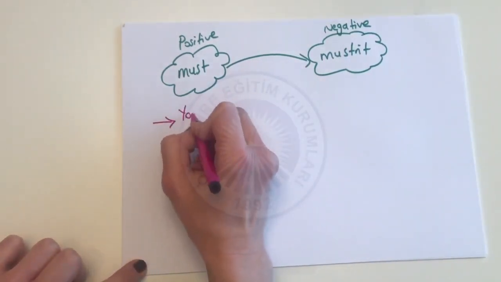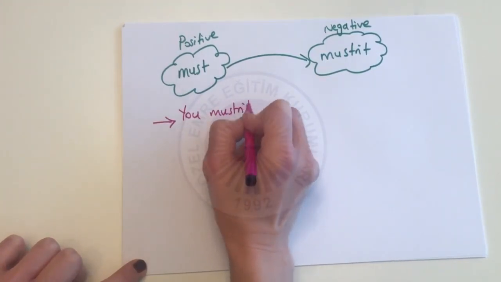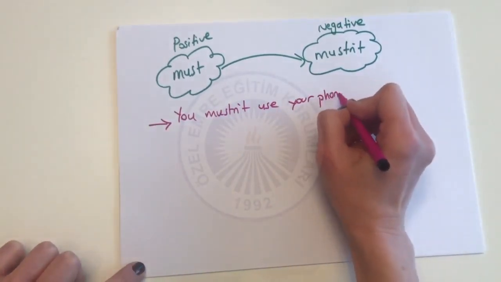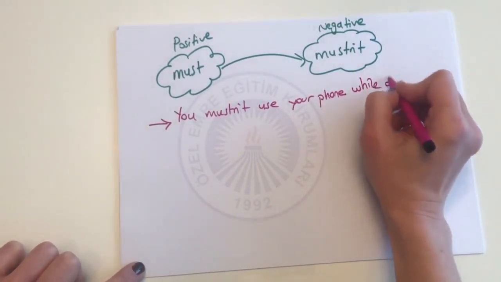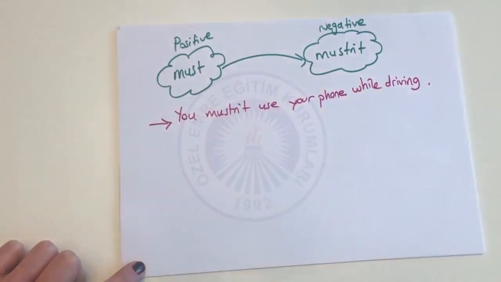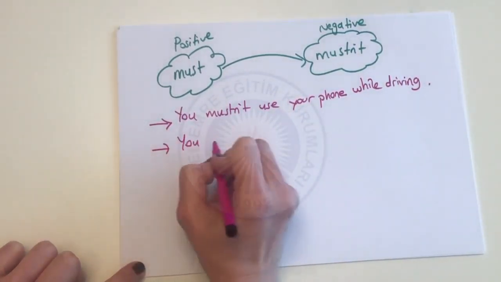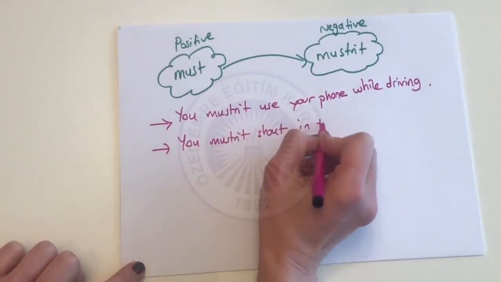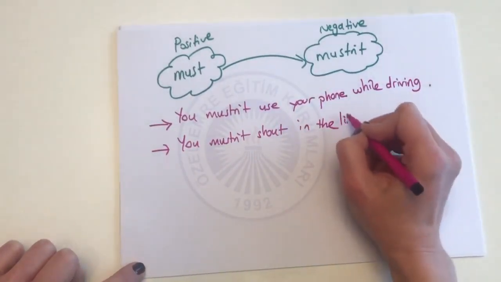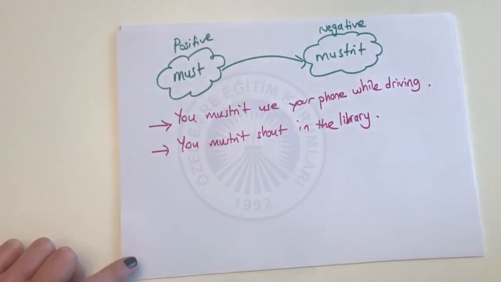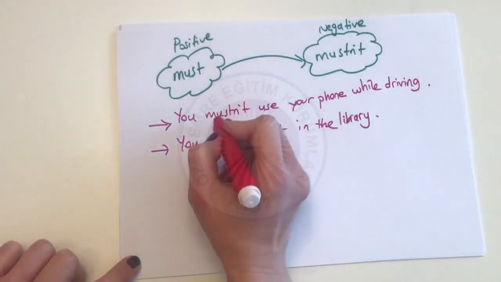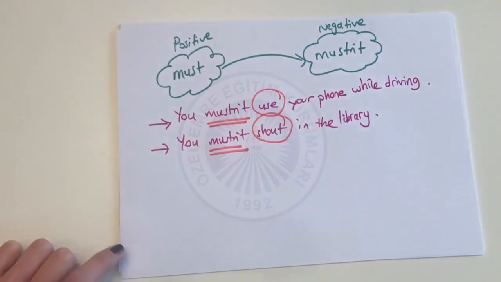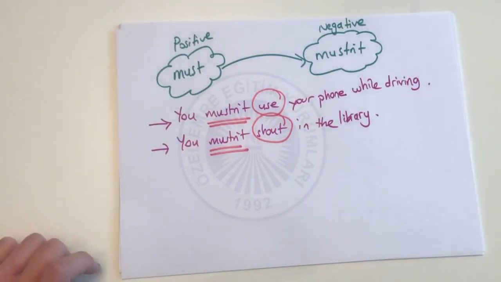For example, you mustn't use your phone while driving, or you mustn't shout in the library. These are negative forms. As you see, again we use mustn't, and after them we use just verb 1.